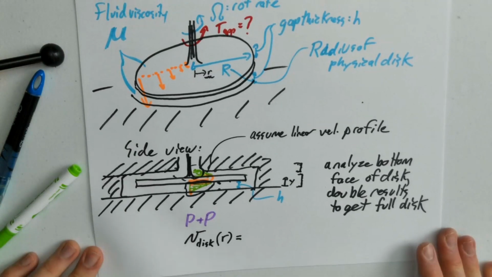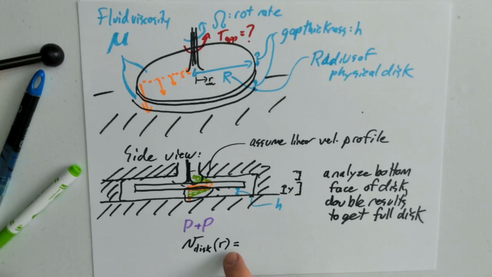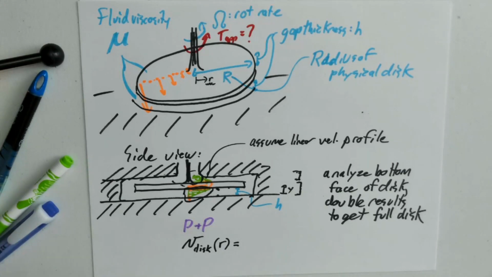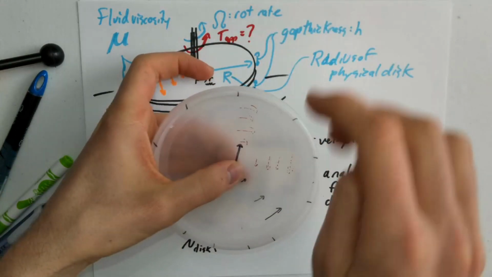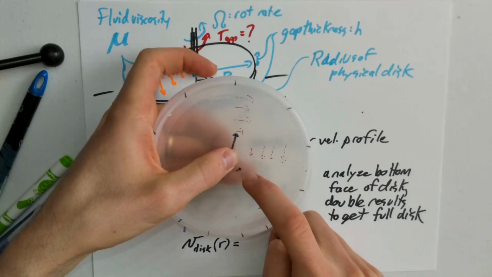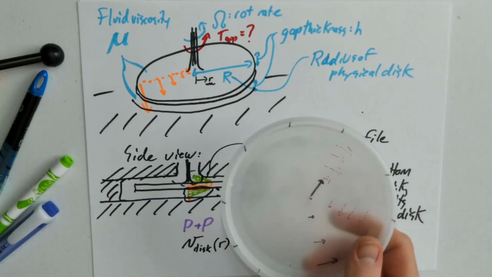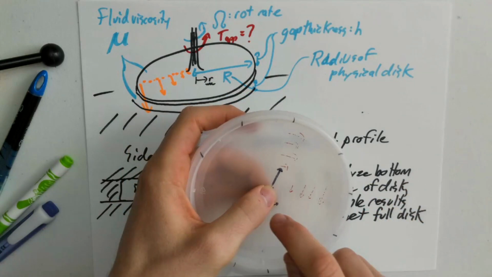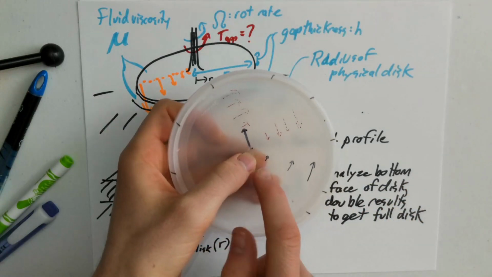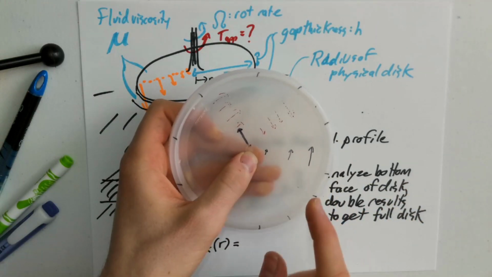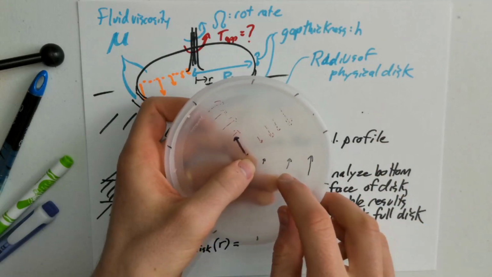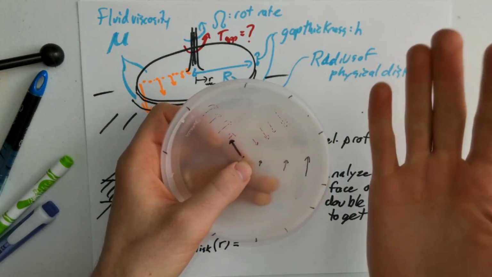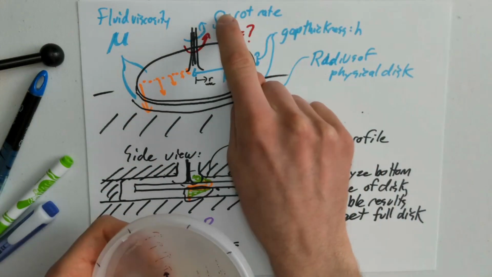All right. So if you remember, for rotating things where the center isn't moving, the linear velocity of a point on the disk is just the radius from the center times the angular rotation rate of the thing, right? So, remember the omega r business? Well, we know omega, right?